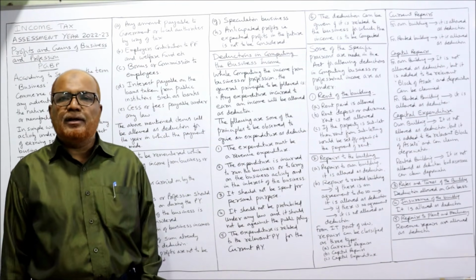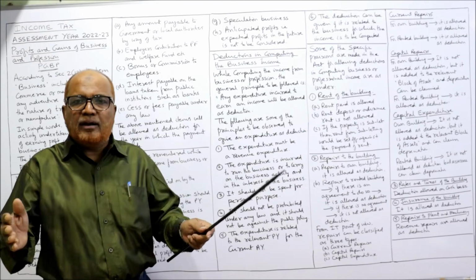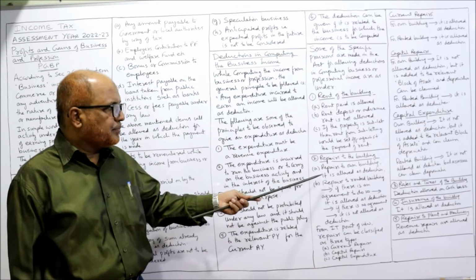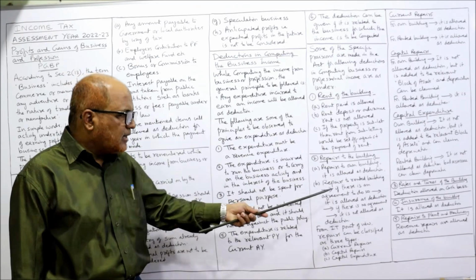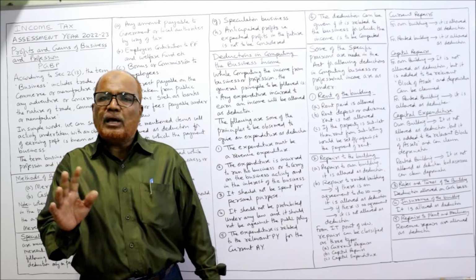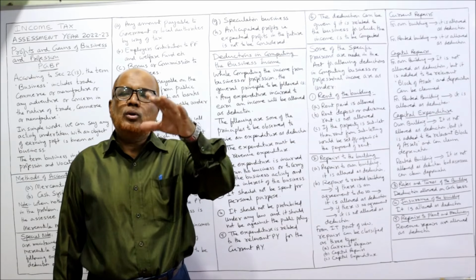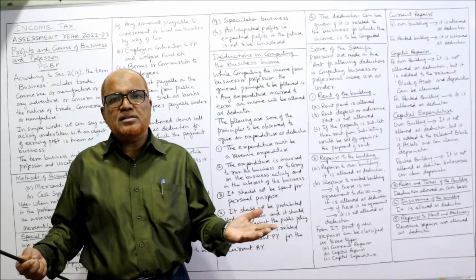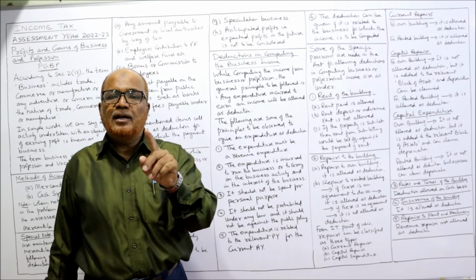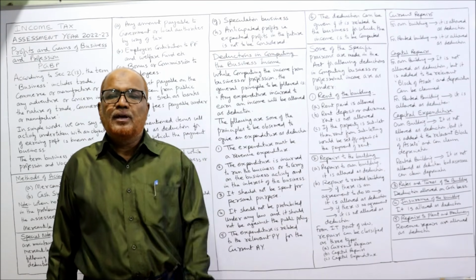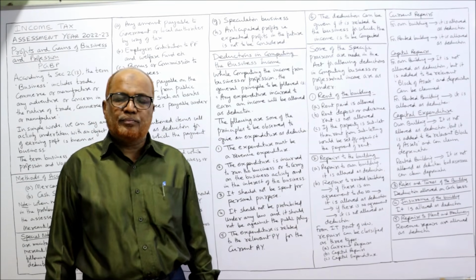Next, repairs to the building. First we have seen rent. Now repairs. Repairs made to the building will be allowed as deduction. Repairs to own building are allowed as deduction. There are two types of building, own building and rented building. The repairs made to the own building will be allowed as deduction. But repairs on a rented building are allowed as deduction if there is an agreement between the business and the landlord.